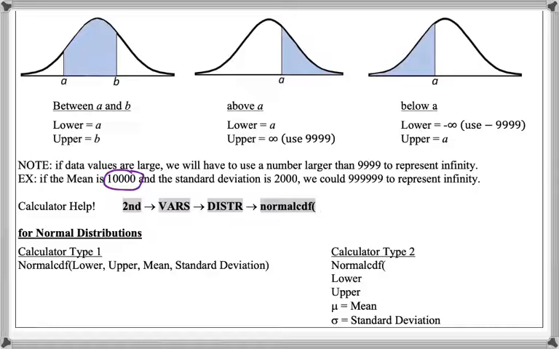So we could use 999,999 to represent infinity, and then put a negative on that to represent negative infinity.